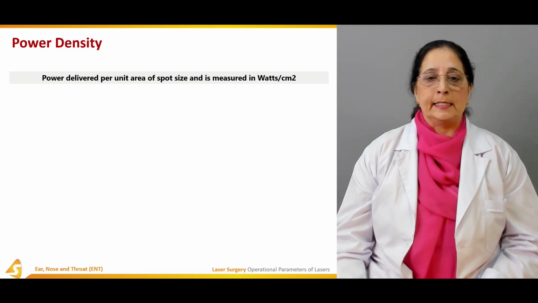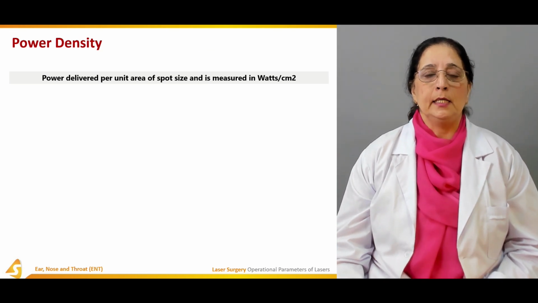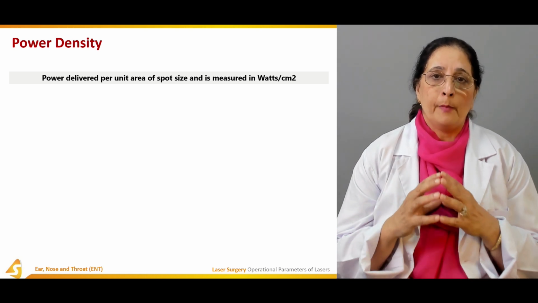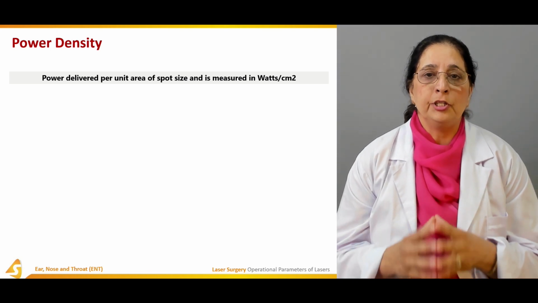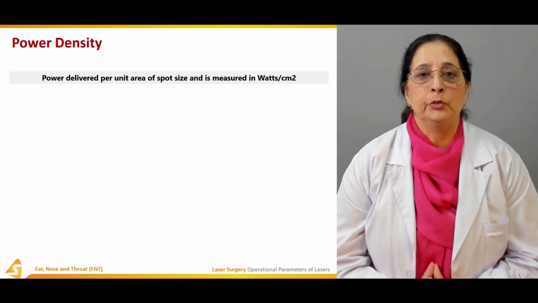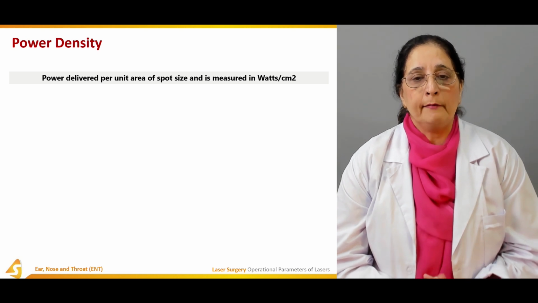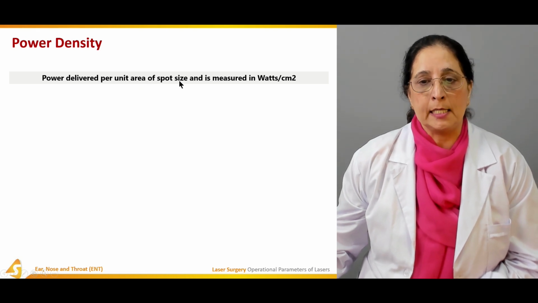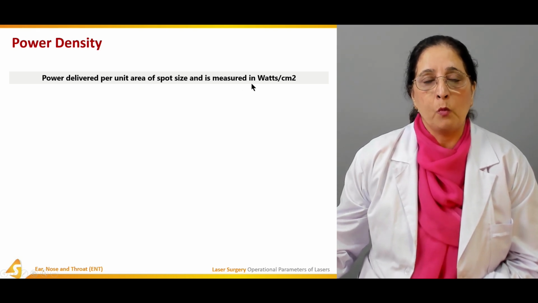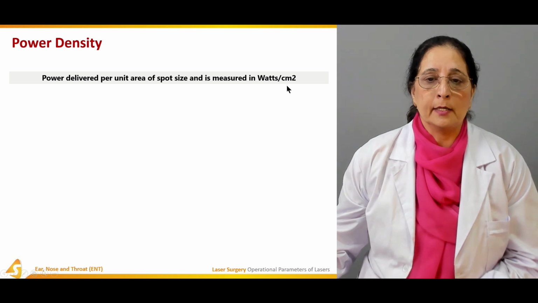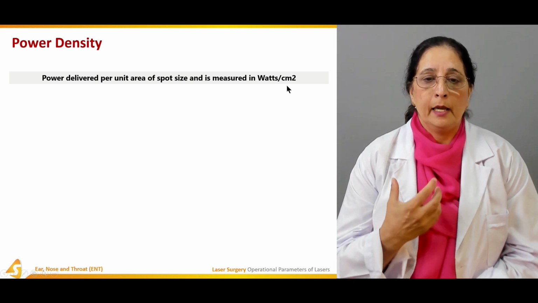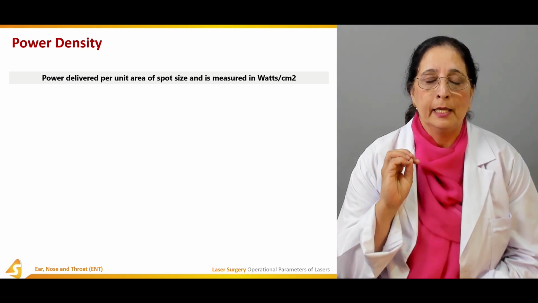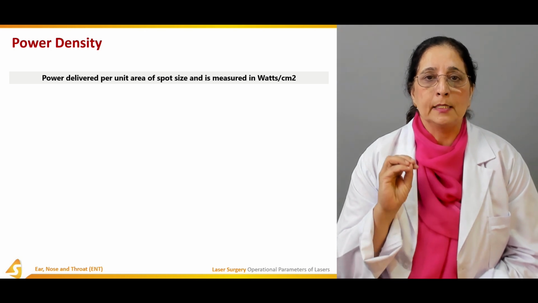Power density is the amount of energy or power delivered to the tissue. It is power delivered per unit area of spot size, and is measured in watts per square centimeter, which is the area of the spot where the beam is applied.